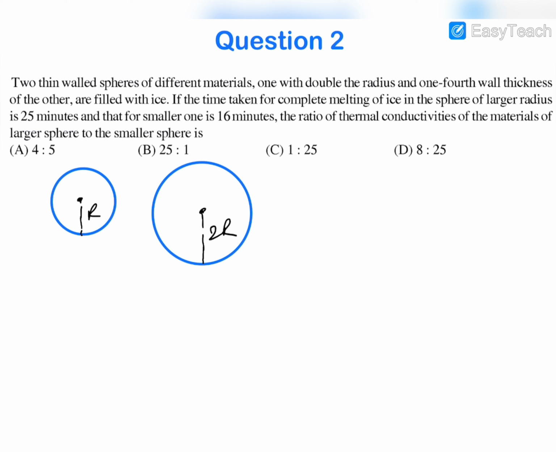So if wall thickness of this is T, then wall thickness of this is 4T. Okay, and they both are being filled with ice.